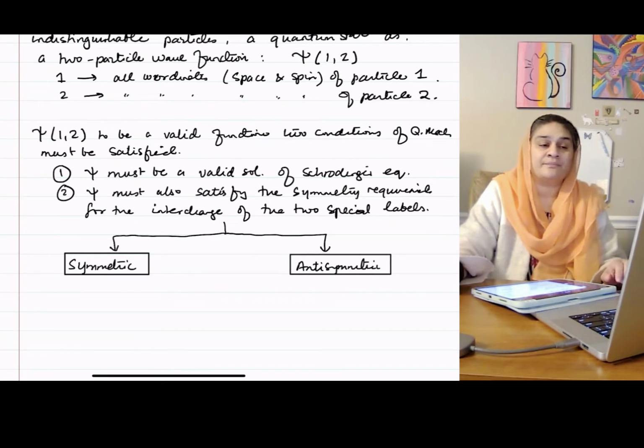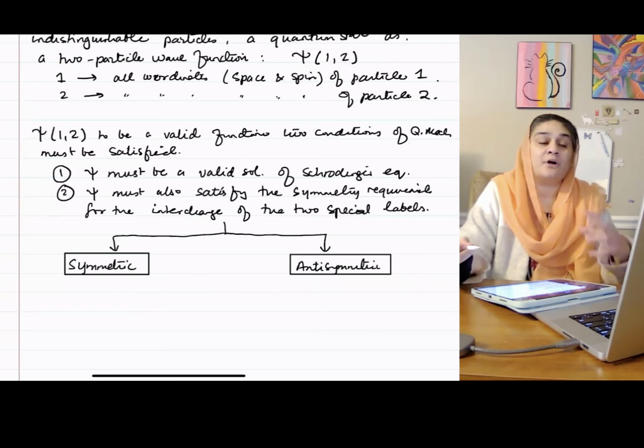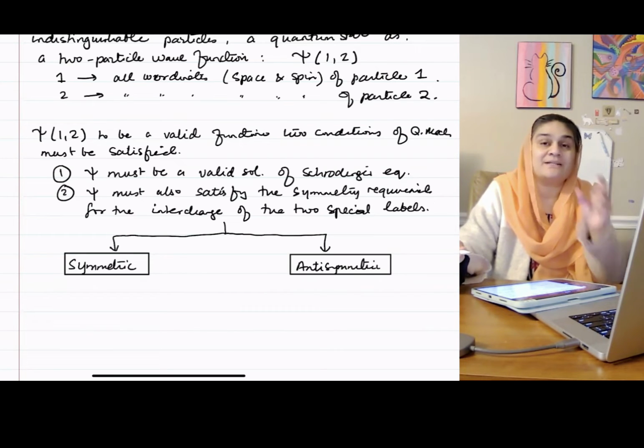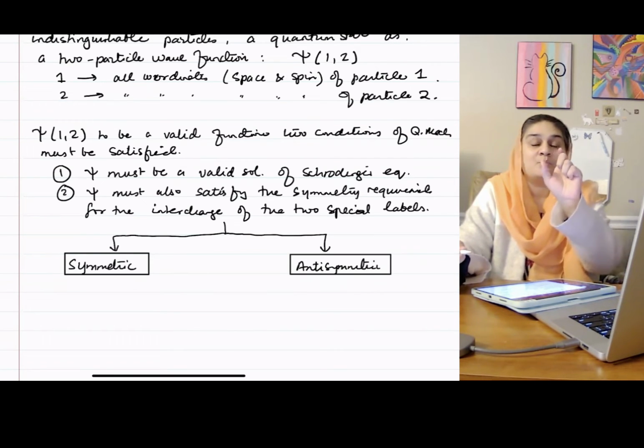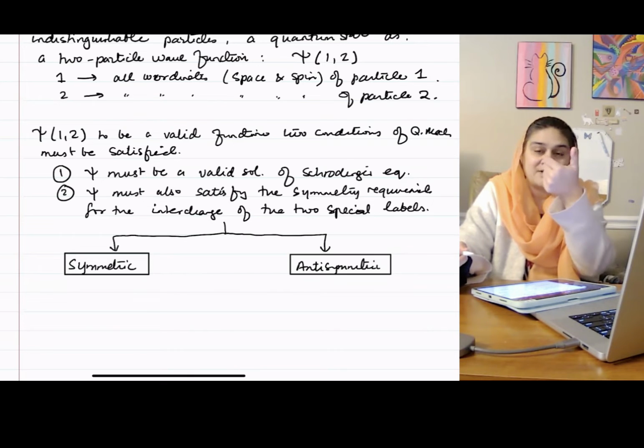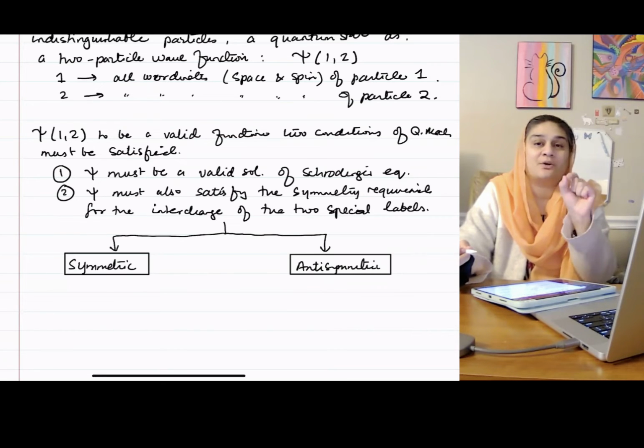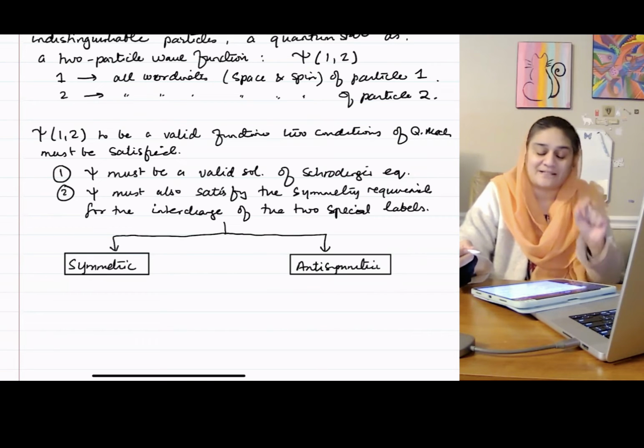Now, what does that mean? So that means that if an operator operates on it in such a way that the particles are exchanged, 1 and 2 become opposite, then if there is a plus sign that happens, then those particles are called symmetric. And if a minus sign pops up, those are called antisymmetric.